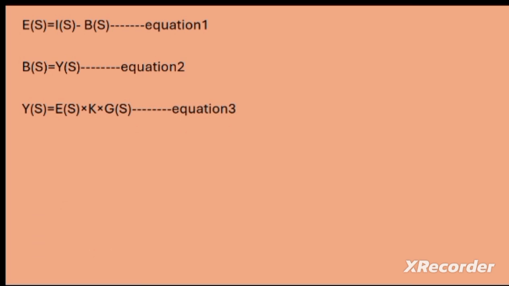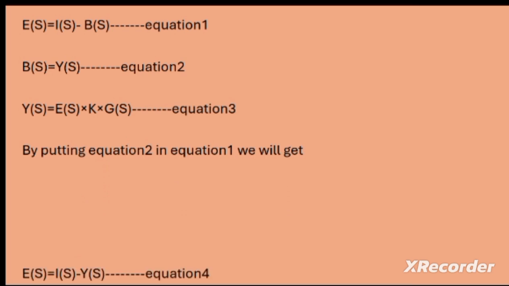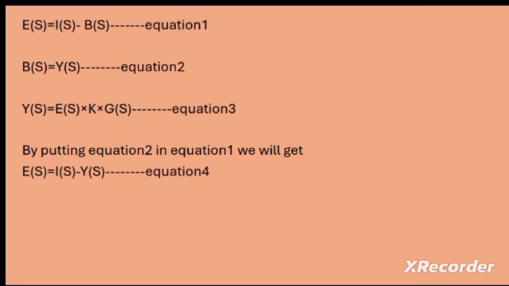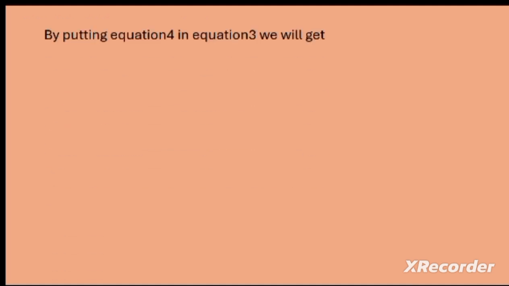Our third equation will be Y of S equals E of S multiplied by K multiplied by G of S. By putting equation 2 in equation 1, we will get E of S equals I of S minus Y of S. Now instead of writing B of S, I am writing Y of S, because in equation 2, as you can see, B of S is equal to Y of S.